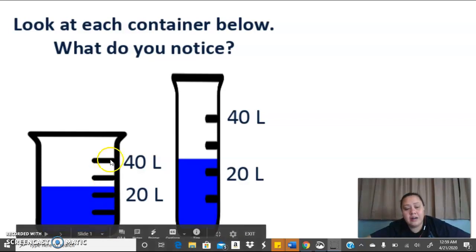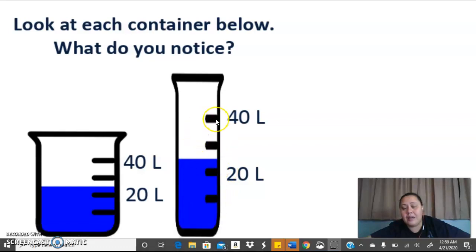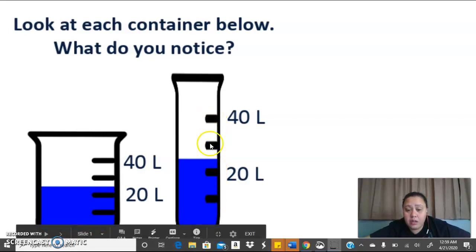Now you can see here, looking at these two, we have 4 lines, and this is what we're practicing today, being able to recognize what the container is counting by so that we can recognize what number of liters is in the container. So as you can see here, there's 4 markers on this container.